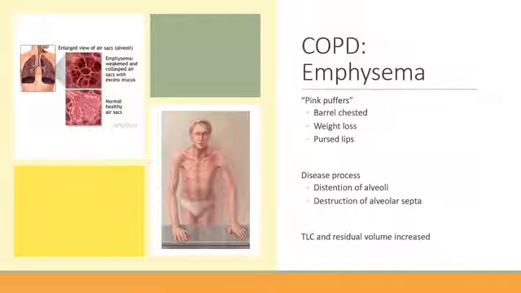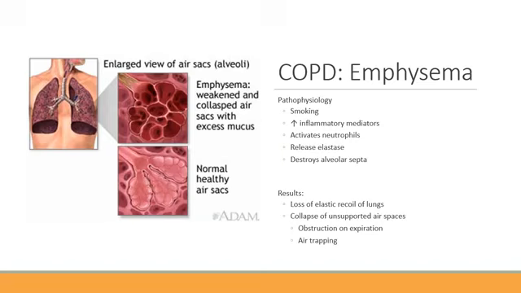In terms of the pathophysiology of emphysema, one of the biggest factors is smoking. We also can see an increase in inflammatory mediators, and those inflammatory mediators start to destroy the alveolar architecture, specifically the septa of the alveolus. So we have a loss of that elastic recoil of the lungs.